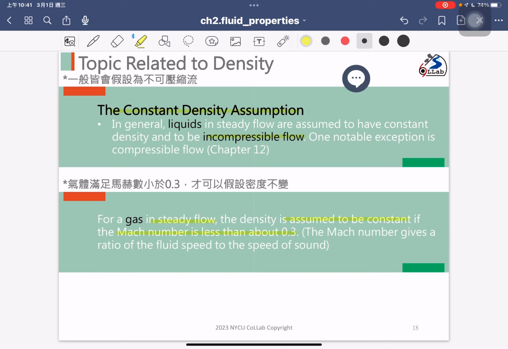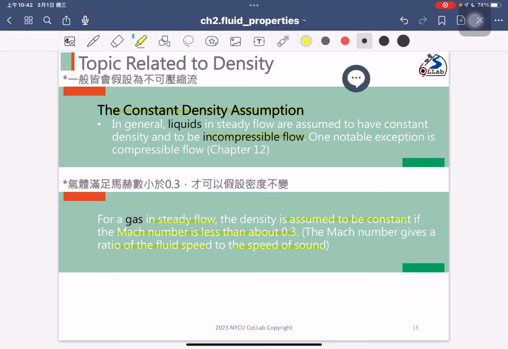The Mach number is the ratio of the fluid speed to the speed of sound. So it's the fluid speed relative to the sound speed. If the ratio is less than 0.3 and under the steady state, you can say the gas is also in incompressible flow. If not, you cannot say that, because we certainly know air can be compressed.